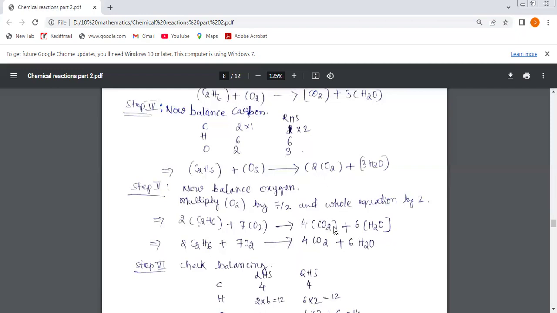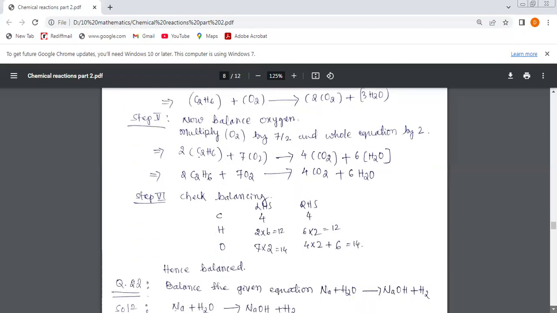This is 4 CO2 plus 3 into 2 becomes 6, so it is 6 H2O. And lastly, it becomes 2 times C2H6 plus 7 times O2 gives rise to 4 CO2 plus 6 H2O.